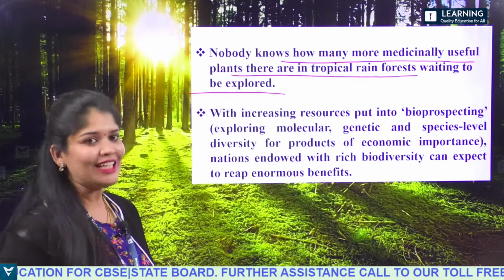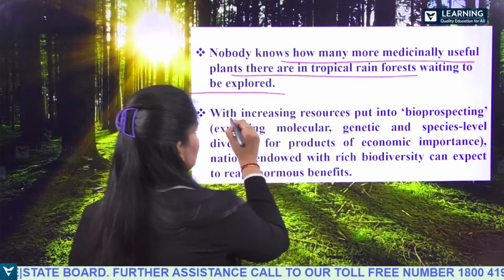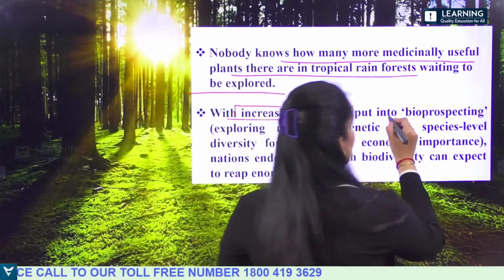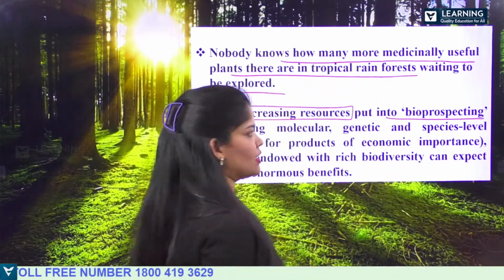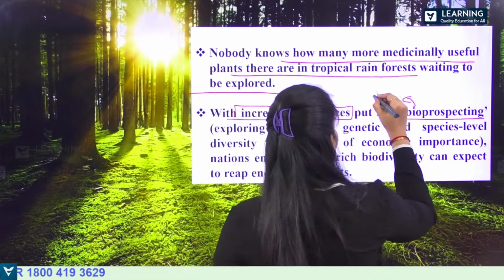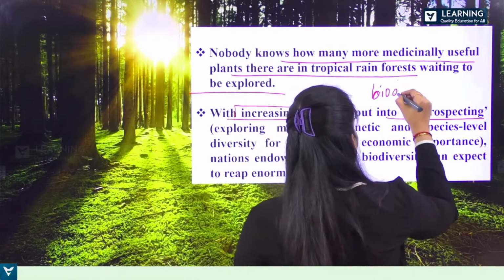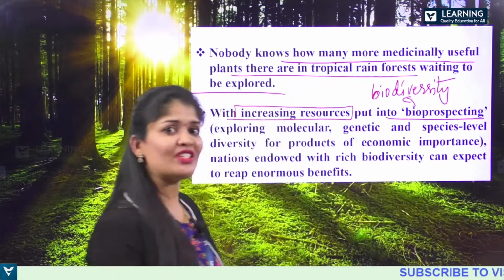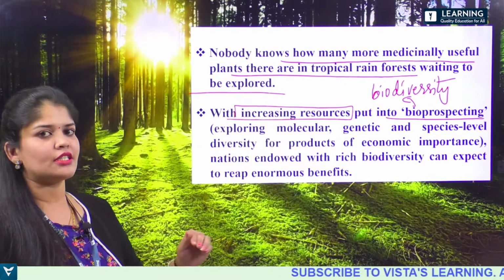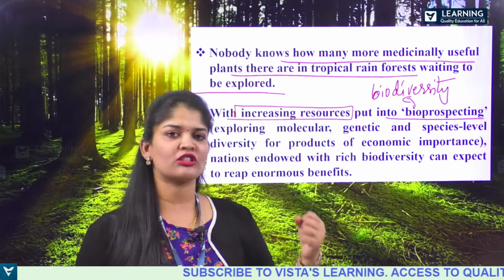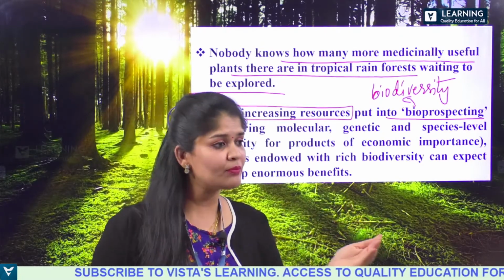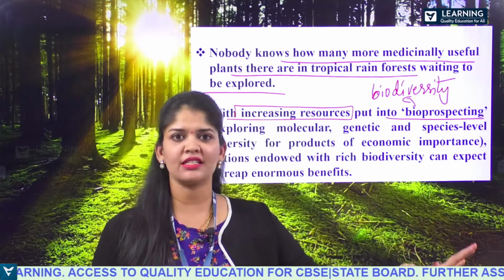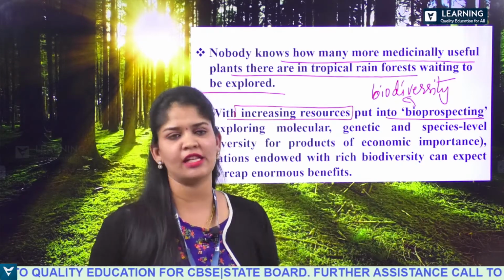And with increasing resources put into bioprospecting. Bioprospecting is otherwise called biodiversity prospecting. Here we are searching for medicinally valuable or commercially important products that we can get from a wide variety of plant species as well as a wide variety of animal species.